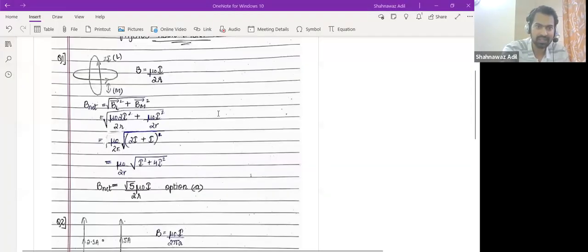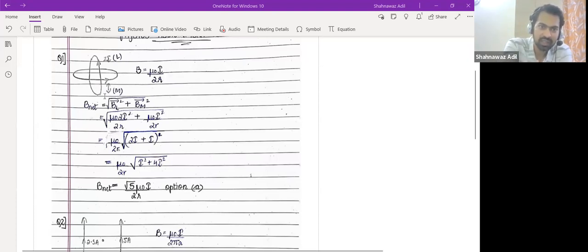So this question, let me bring that question again. So this one. So you guys can see that one is in the YZ plane, right?